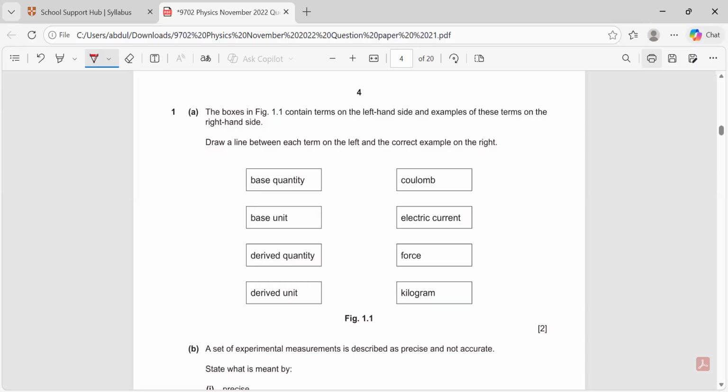So now, my dear friends, let's without any delay, the boxes in figure 1.1 contain terms on the left hand side and examples of these terms on the right hand side. Draw a line between each term on the left and correct example on the right. So see base quantity, base unit, derived quantity, derived unit.